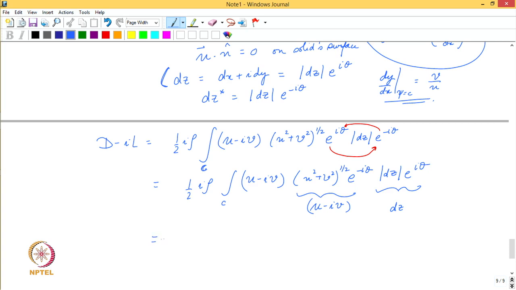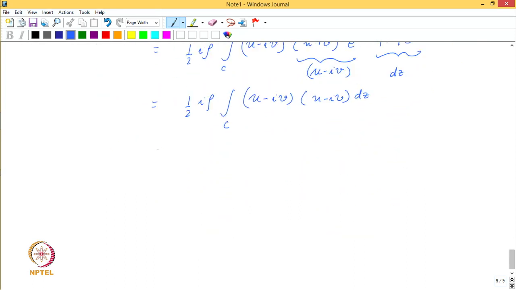So, we can get this integral as half iota rho over surface C of (u minus iv) times (u minus iv) times dz, which could be written as half iota rho times (u minus iota v) square dz. This is D minus iL.